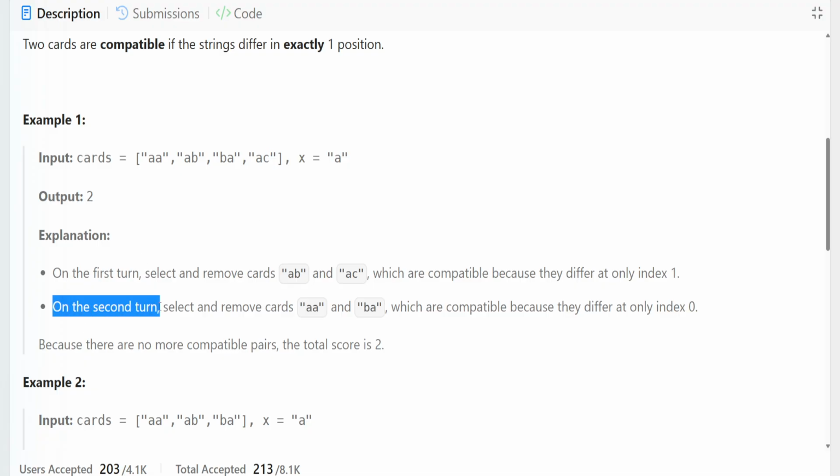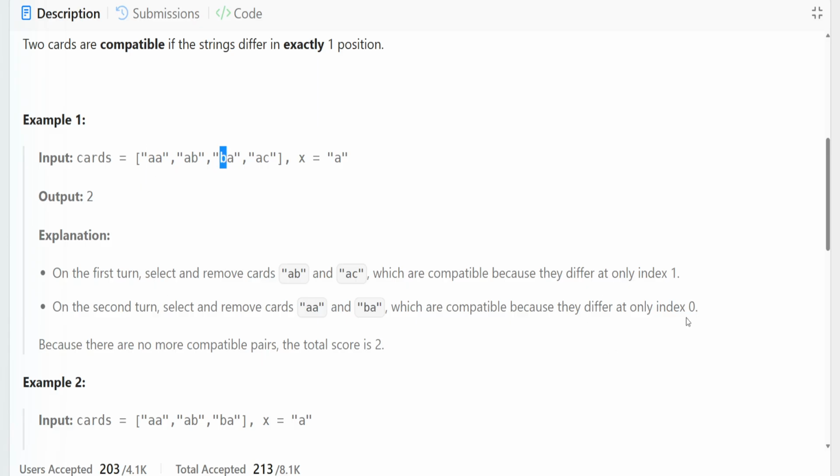Similarly, on the second turn, you select and remove the cards AA and BA, which are compatible because they differ at only one index, index 0. If we take AA and here we take BA, the very first letter differs.